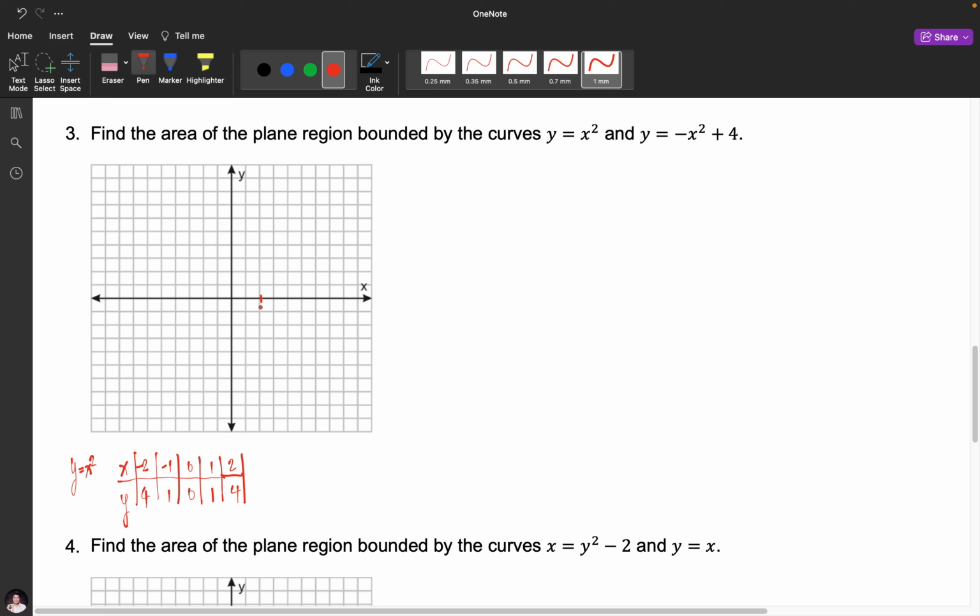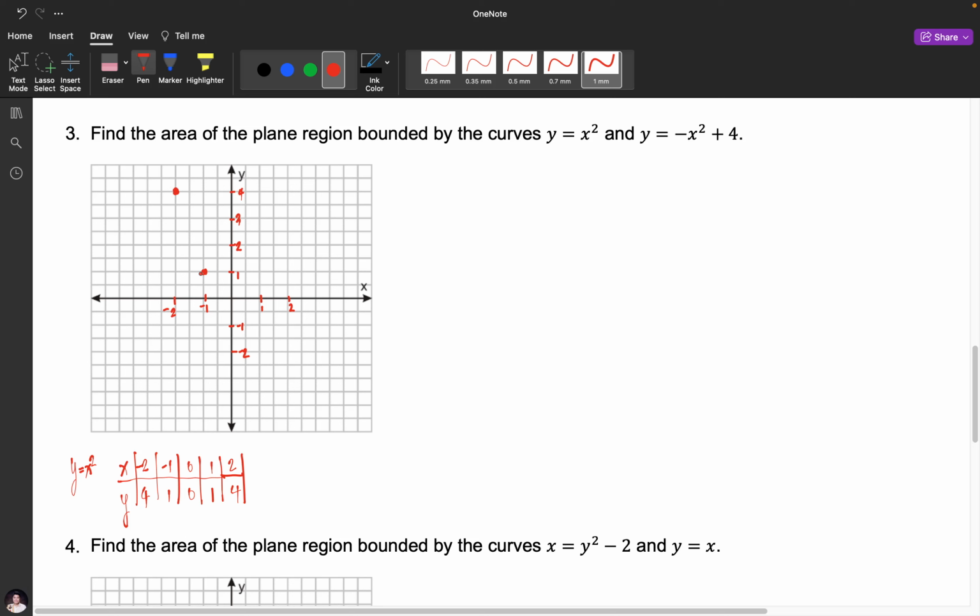So if this is 1, this is 2, this is 1, 2, 3, 4, and this is negative 1, this is negative 2. We have negative 2, 4 is here.